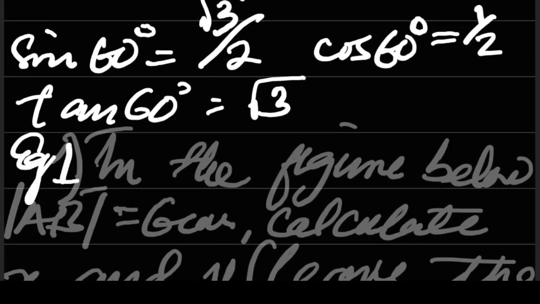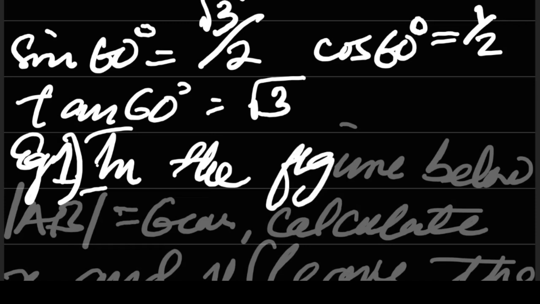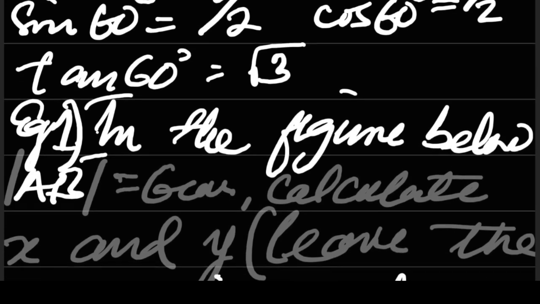Let's solve an example. Example 1. In the figure below, AB is equal to 6 centimeters.